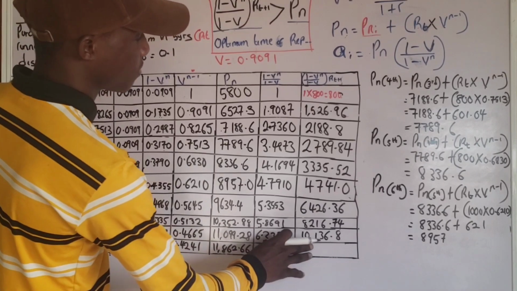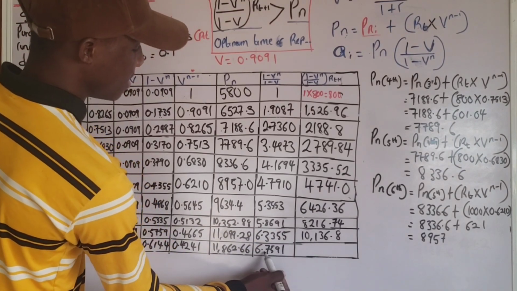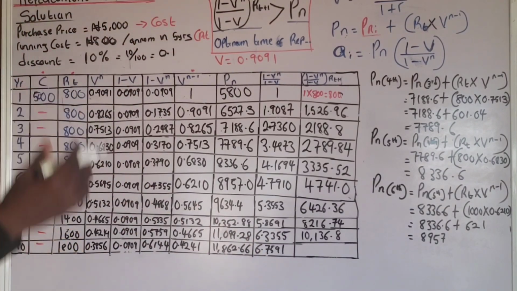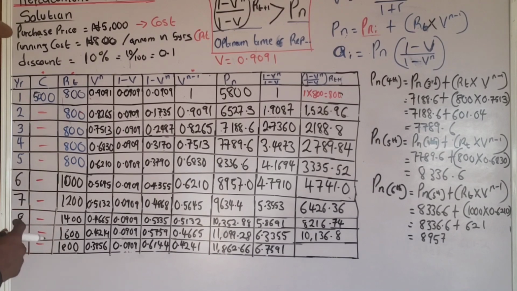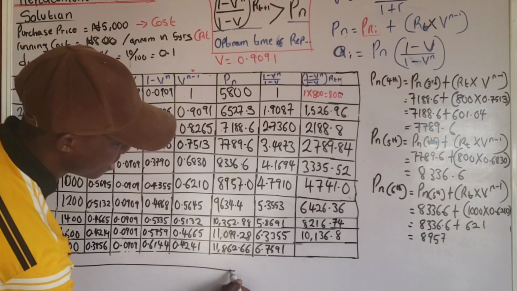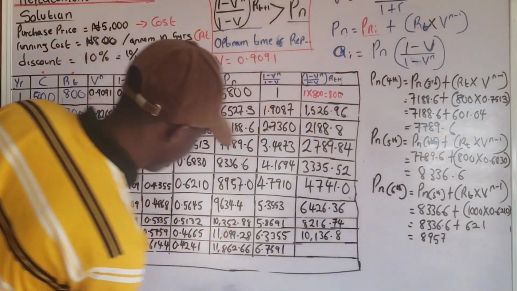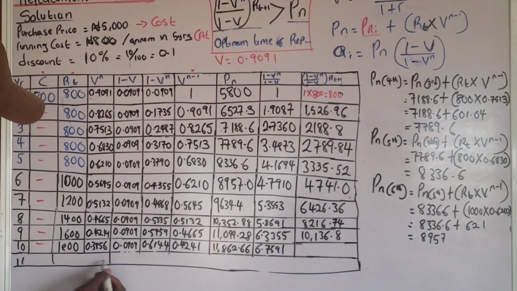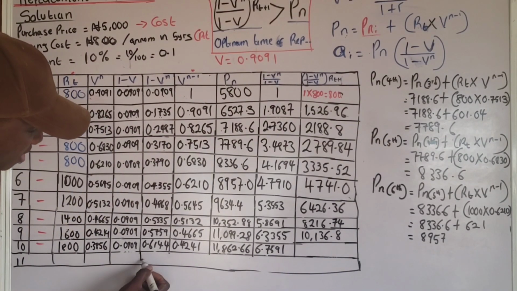Now, having gotten this, to get the value we are going to have here, all you have to do is multiply this by the running cost of the next year. The year after year 10 is the 11th year.